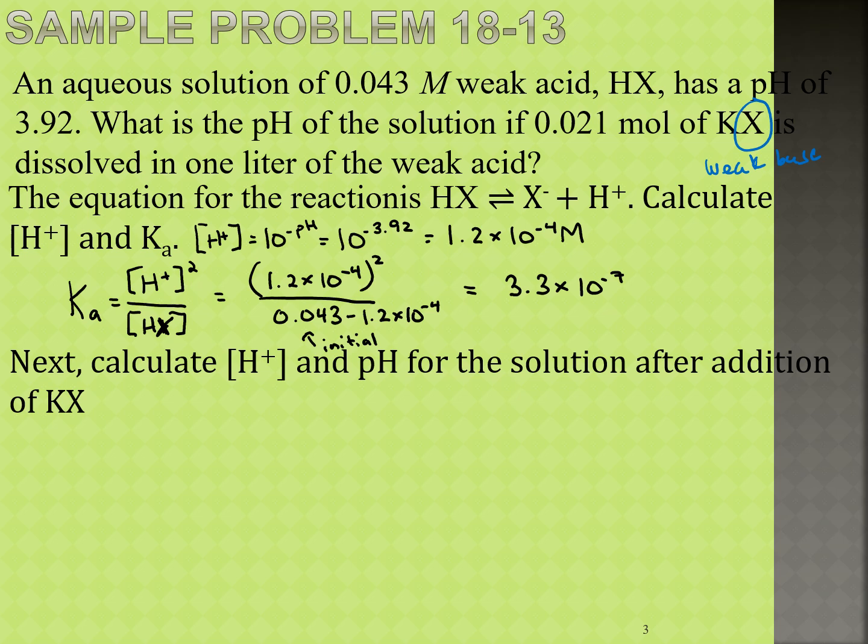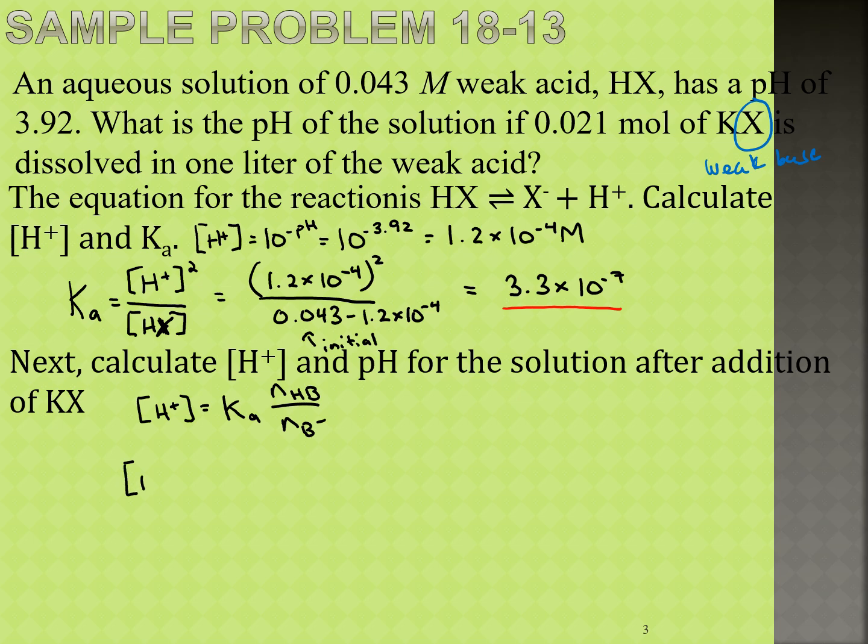Well, we know the Ka from the first part of our problem, and we now have made a buffer. And so when I have a buffer, remember that I am going to calculate this with my equation like so. Let's see what we know and we can plug in.